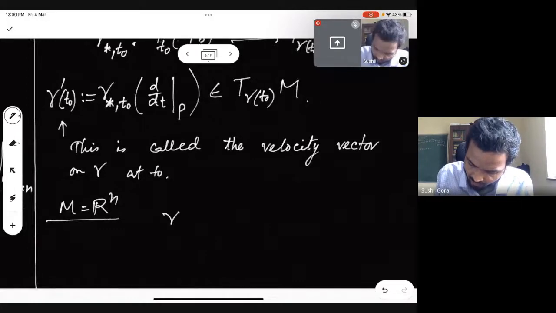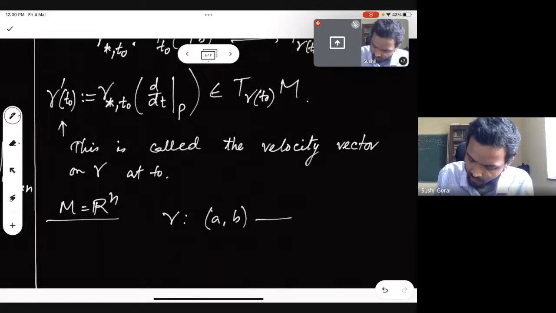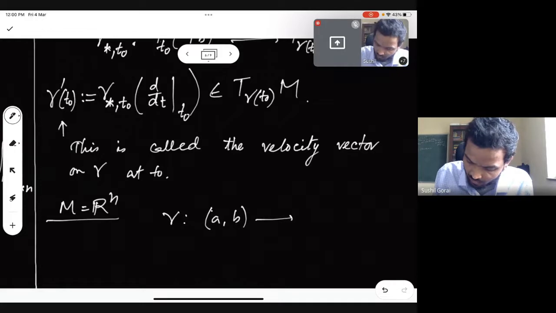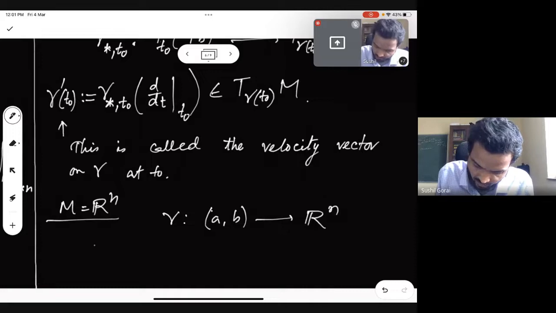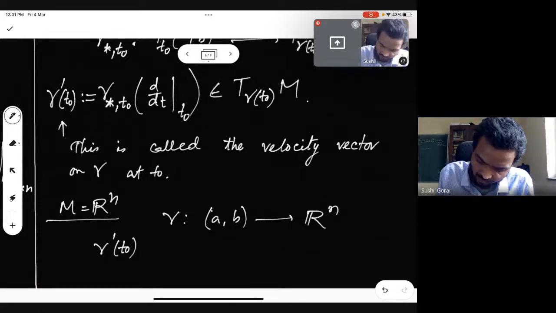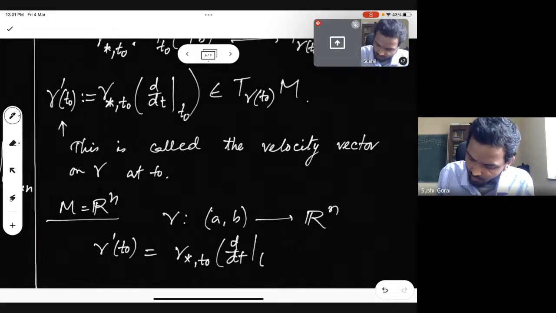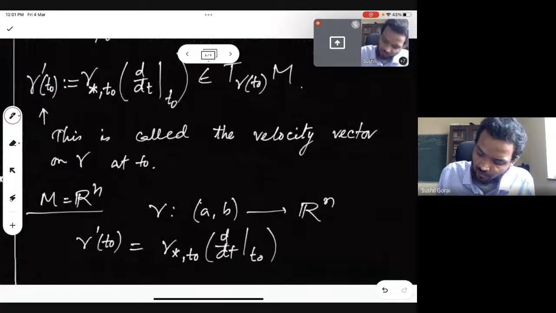Gamma is a map from an interval AB to Rn, and gamma prime t naught belongs to here, and is equal to gamma star t naught of d by dt at t naught. Now we want to find the expression, right?